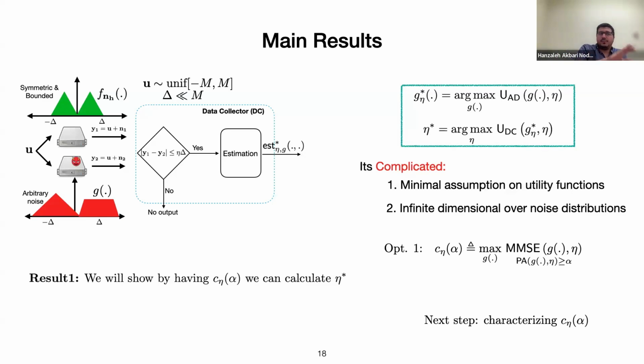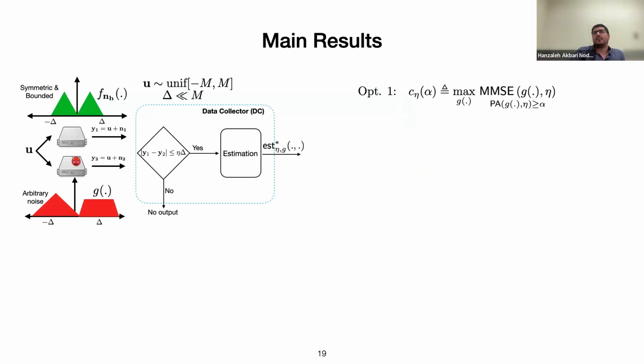By having this theorem, this result, the next natural step would be, okay, let's characterize this problem. Let's find the solution to optimization 1. Okay. So here is optimization 1. C of eta of alpha, which is the maximum MMSE over all of the noise distributions such that the probability of acceptance is at least alpha. Okay.